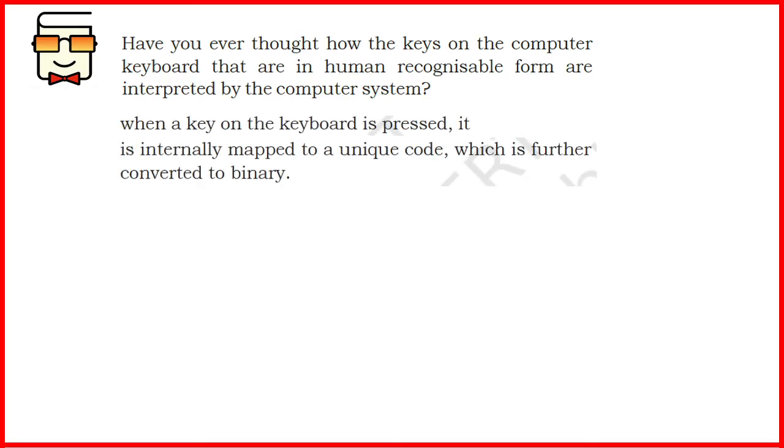Every character, whether it is a number, an alphabet, or any symbol present on your keyboard, is represented by a special unique code. Okay, and when you press any key on the keyboard, this particular key representing whichever symbol is converted into a particular code, and that code is then converted into binary so that the computer can understand it.